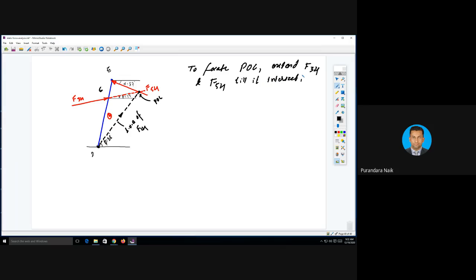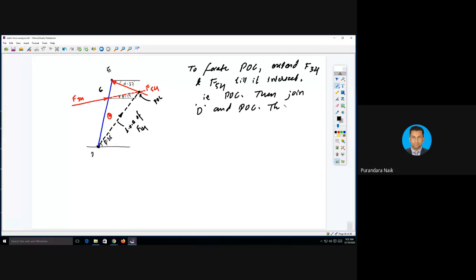We need to extend until they intersect, either on the left side or the right side. It is intersecting at the right side. That intersection is POC. Then join D and POC.